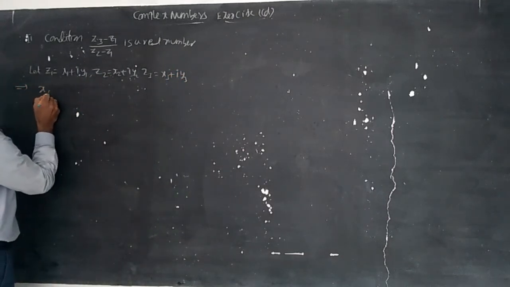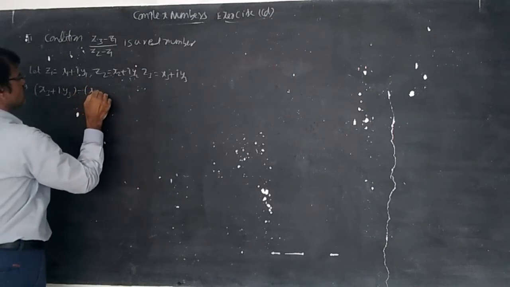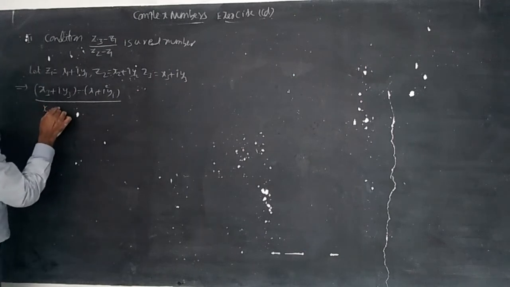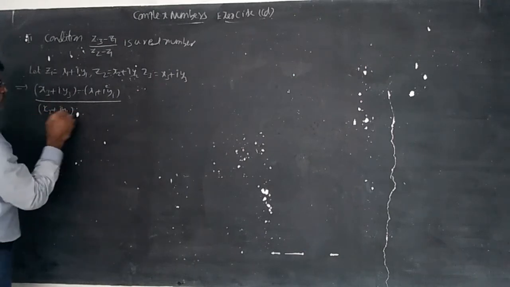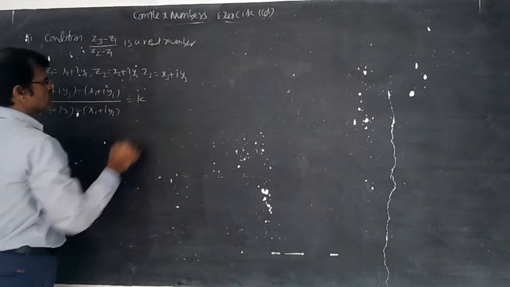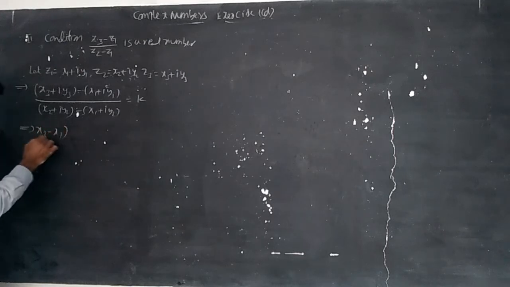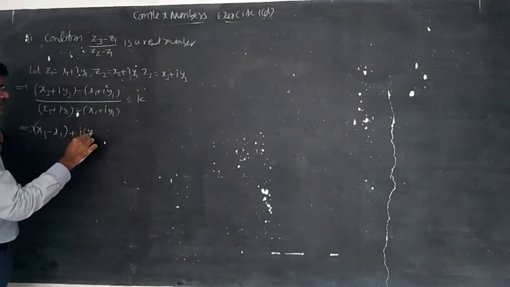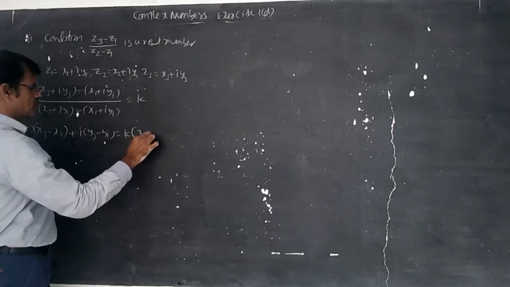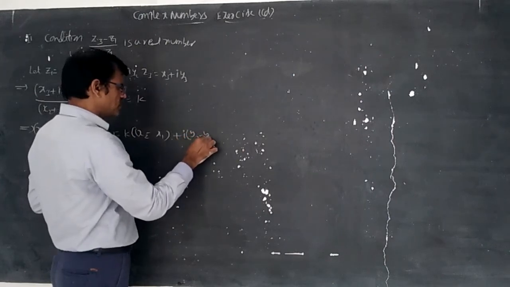That implies x3 plus i y3 minus of x1 plus i y1, whole by x2 plus i y2 minus of x1 plus i y1, is equal to some constant K. That implies x3 minus x1 plus i into y3 minus y1 is equal to K into x2 minus x1 plus i into y2 minus y1.